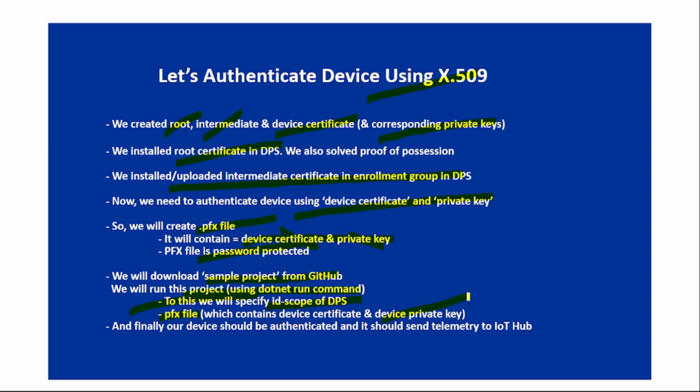Basically behind the scenes a verification certificate will be created using the private key. Okay, and finally our device will be authenticated, and now it should be able to send telemetry to the IoT hub.